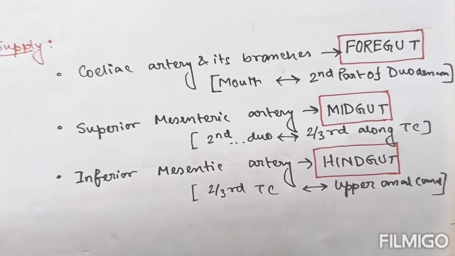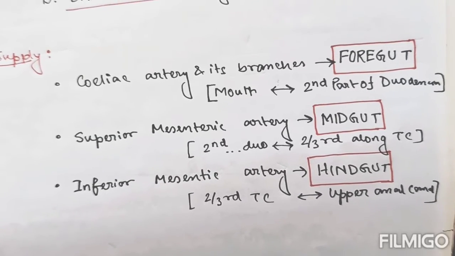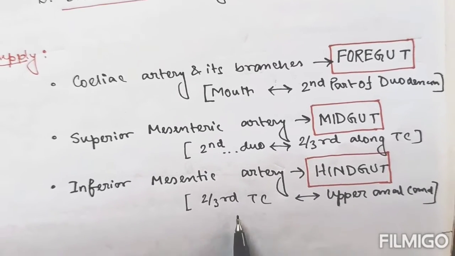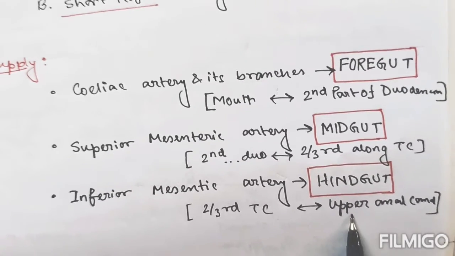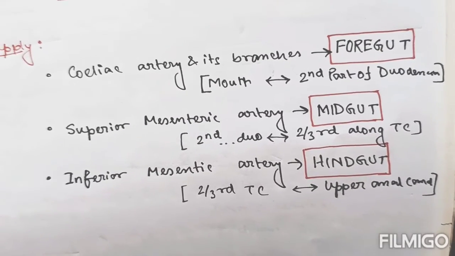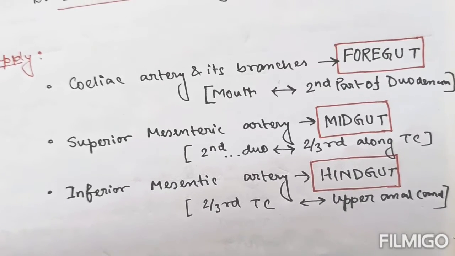The remaining 1/3 of the transverse colon along with the upper anal canal is called the hindgut, which is supplied by the inferior mesenteric artery.